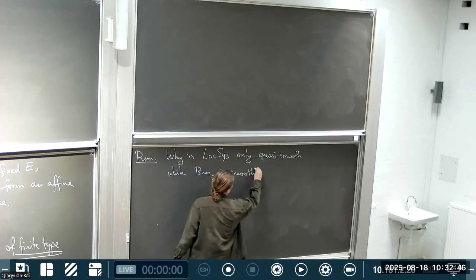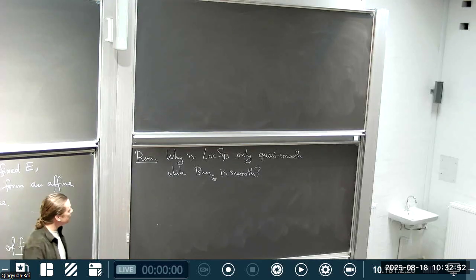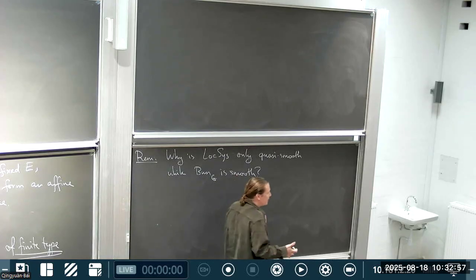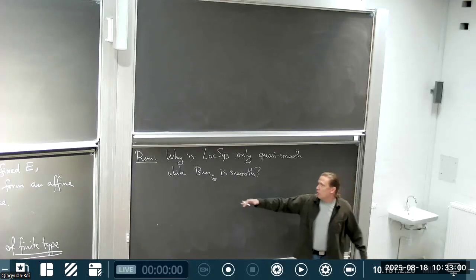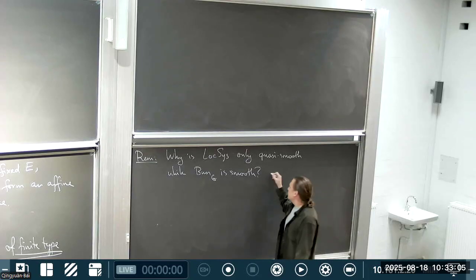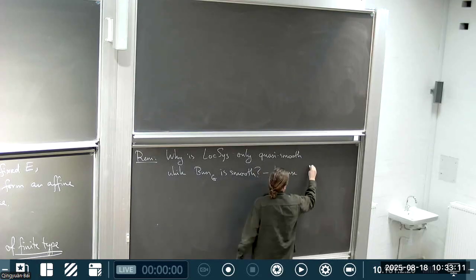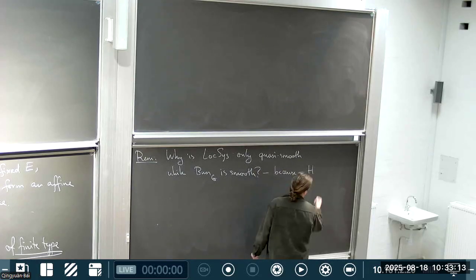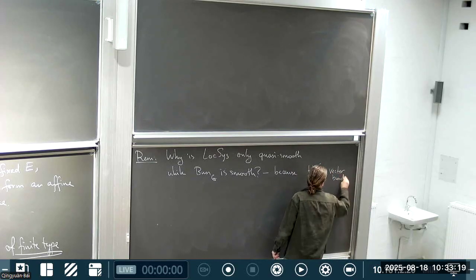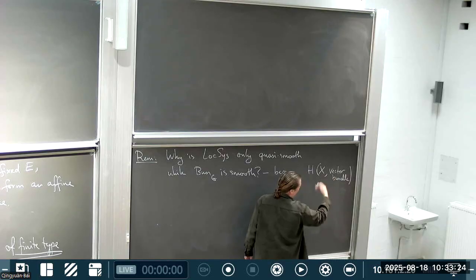The answer is that the reason the stack of G-bundles is smooth is basically deformation theory, because its tangent space is controlled by the cohomology of a certain vector bundle on X. So smooth, because the cohomology of X with coefficients in a vector bundle sits in degrees 1 and below.